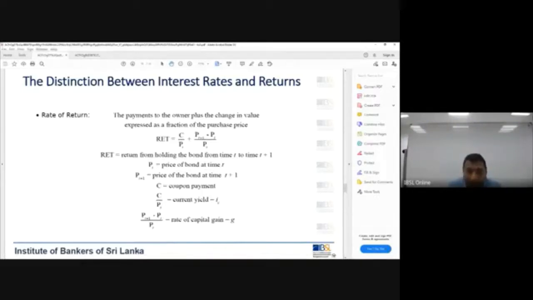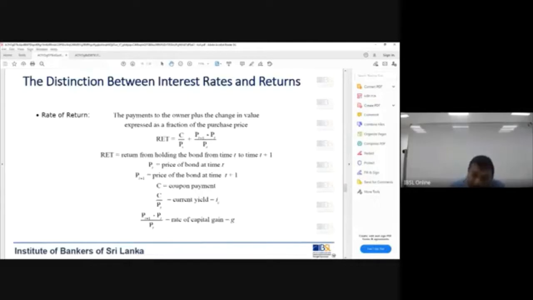If you have sold the bond that you purchased at 101 rupees today for 104 rupees 1 year from now, that 3 rupees that you have accumulated is nothing but the capital gain. Because when you invest in many millions, billions, that 3 rupees is very big.